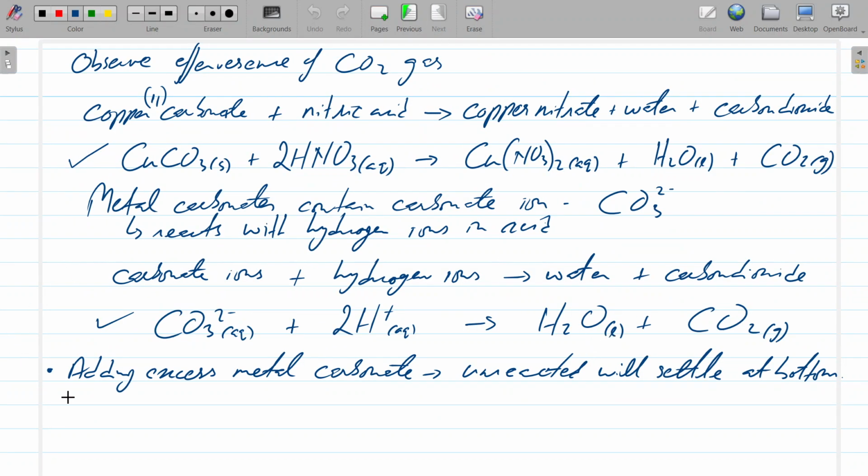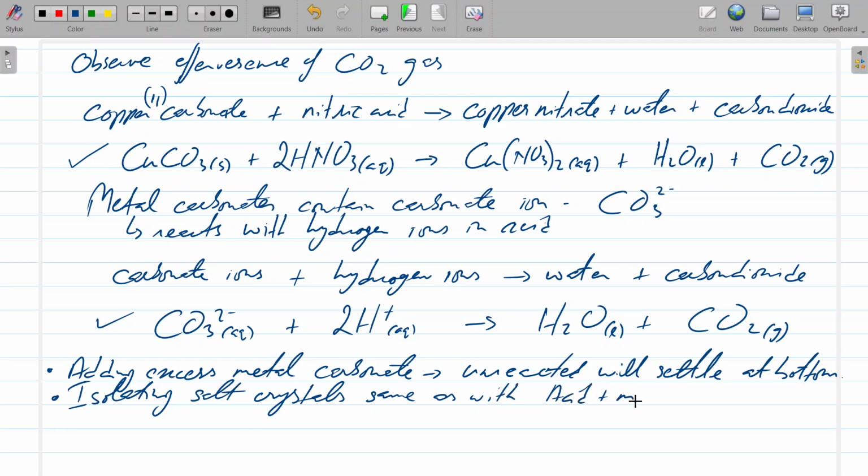How do you isolate the salt crystals? It's the same as with acid plus metal. So I'm not going to rewrite that whole thing.